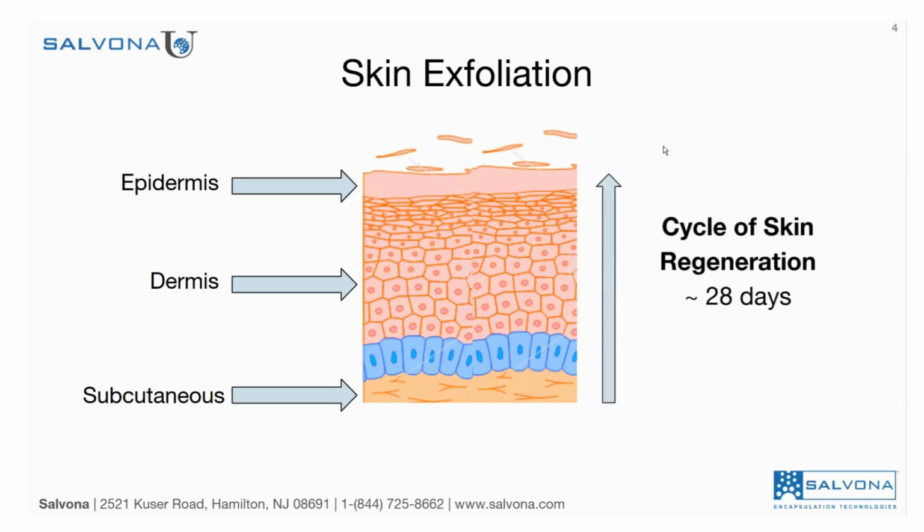So what we need to do is take this cycle of regeneration of the skin, which is normally around 28 days, and exfoliate the outermost layer to emphasize the layer underneath. As the cells reproduce, they push up from the dermis through the epidermis, and these are younger, more healthy looking cells. By exfoliating the outermost layer of dead skin cells, we can see these healthier, younger cells and give a rejuvenating skin look.